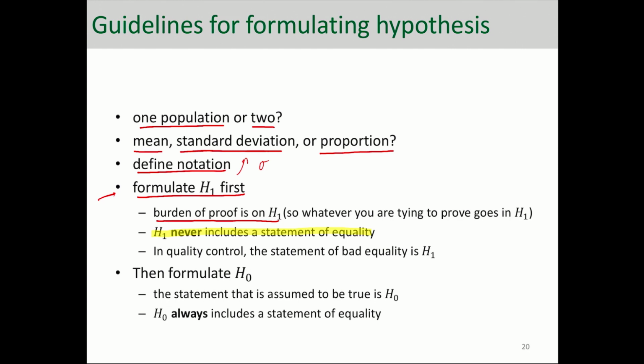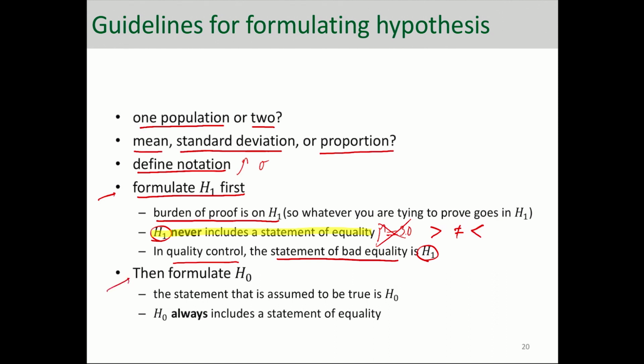So in your alternative hypothesis, you never have an equal sign. You never say mu is equal to 3.0. H1 always has more than, or not equal to, or less than. Specifically in quality control applications, the statement of bad quality goes to H1. You'll see some examples of that later.